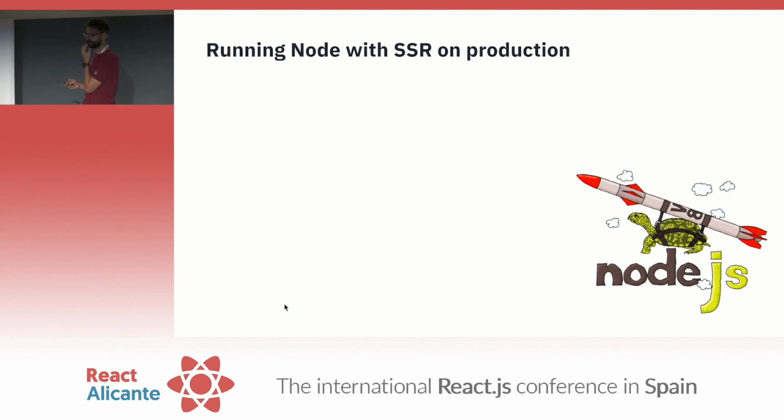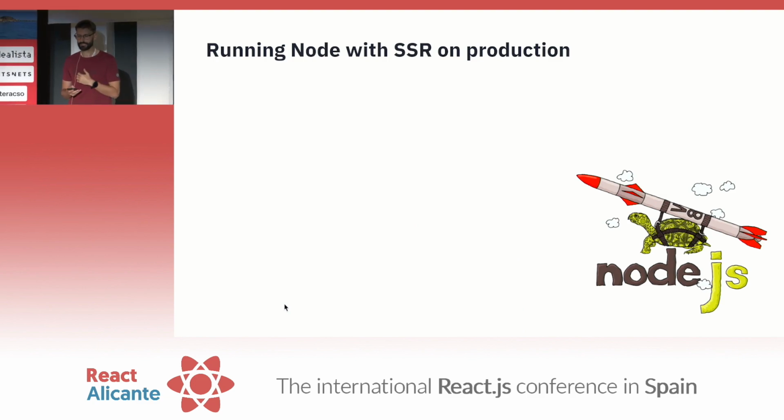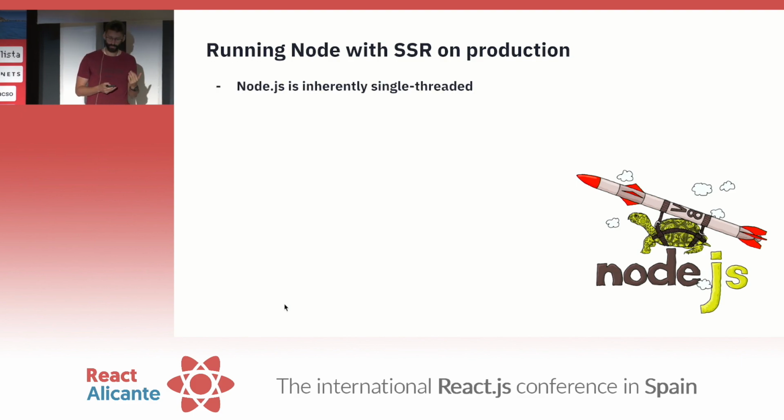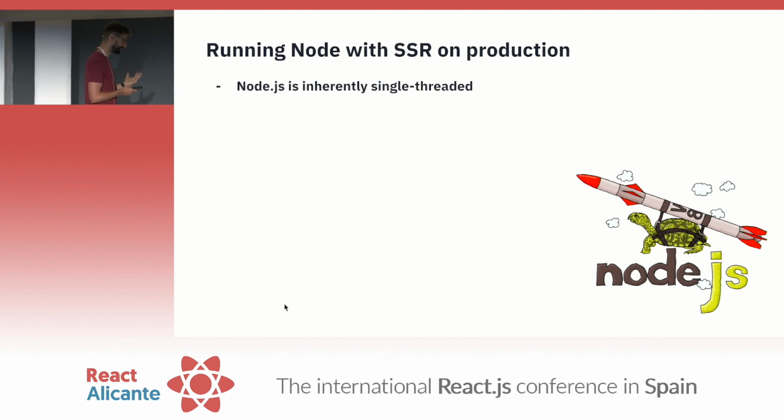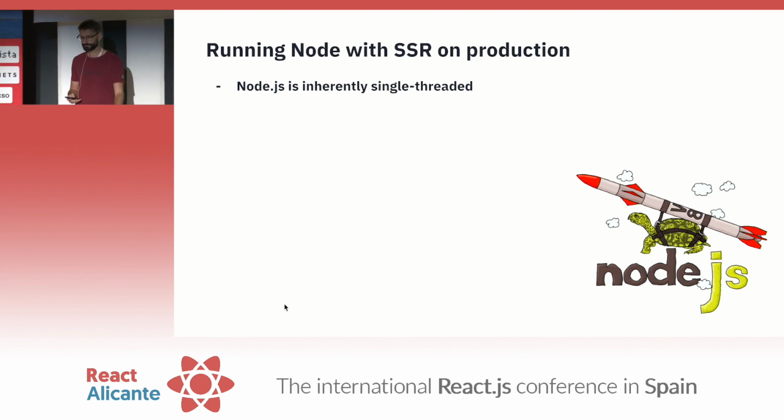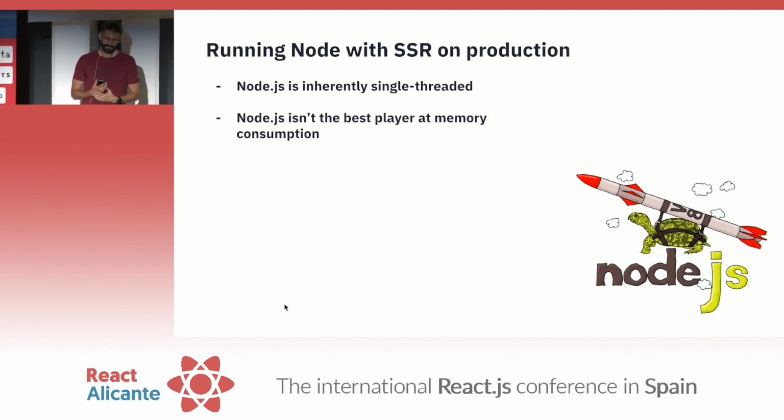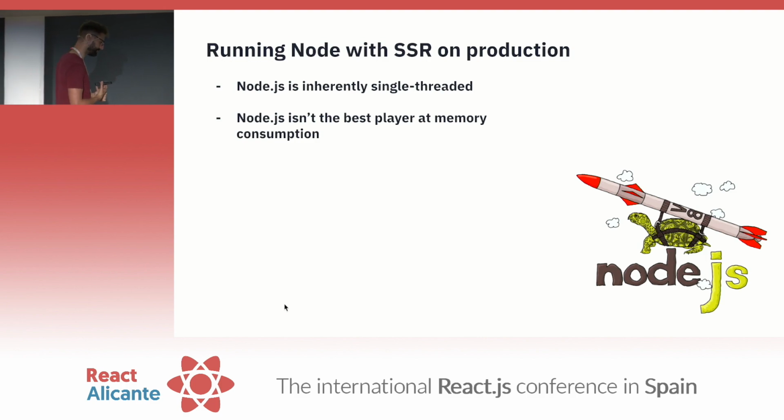So as I said before, the Node runtime is not as fast, at least for us, and there are a lot of reasons for that. Node is single-threaded, so it can be a very expensive operation to render big trees of components. Node is also a little bit bad at memory management.